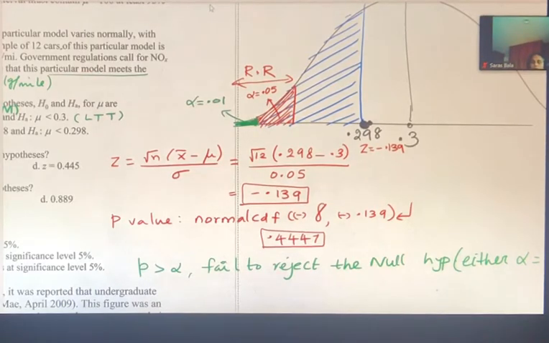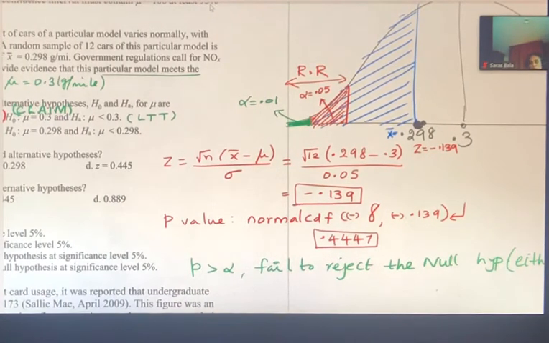We are playing with a lot of numbers, so I want you to discriminate between the x bar value and the z-score value. This is the x bar value, and the z-score is about 1.39 standard deviations below the center. It's good because your z-score is well within -2 to +2, right?